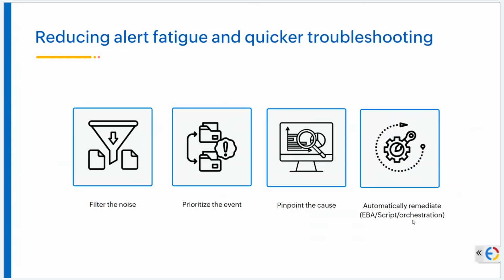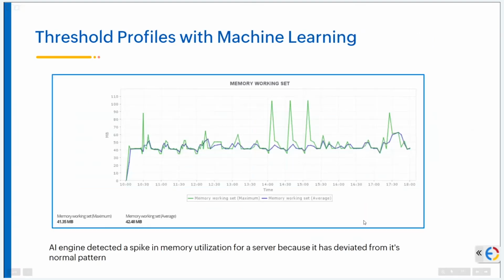So this is how Applications Manager helps you. It helps you filter the noise, prioritize the event, pinpoint the cause, and automatically remediate. So this translates into reduced risk of data loss, improved efficiency, enhanced reliability, and faster recovery. So another important area where machine learning or ML is used is threshold profiles.